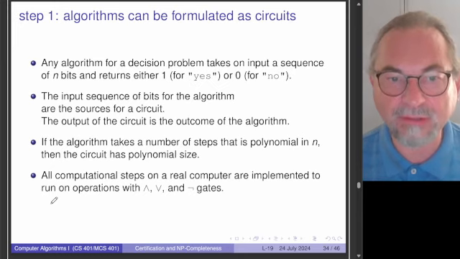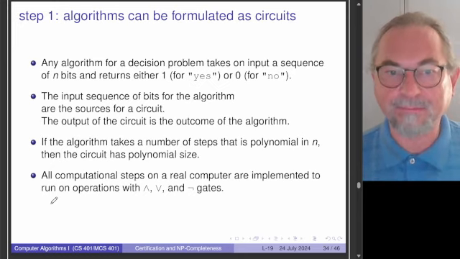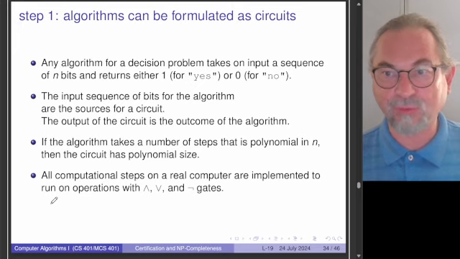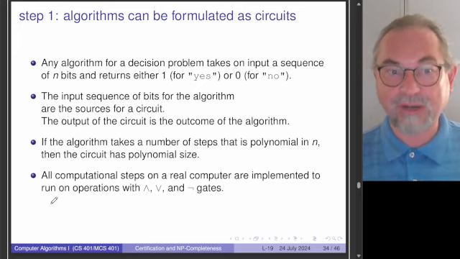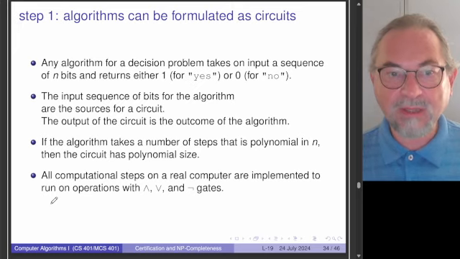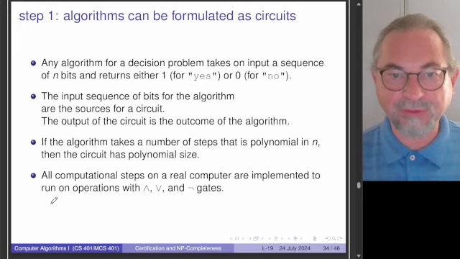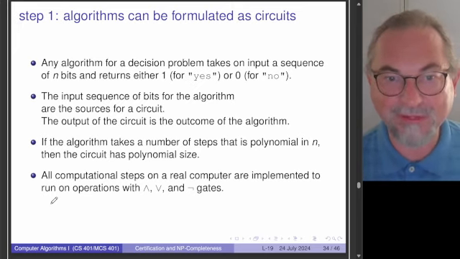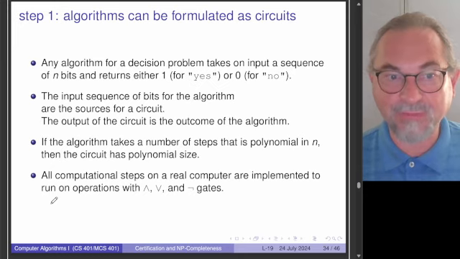If the algorithm that we have takes a polynomial number of steps, polynomial in the input size, then also our circuit will need to have polynomial size. And then all the computational steps on a real computer work on bits, so we're talking here about real computers, and the primitive operations are realized by logic gates, by the AND, the OR, and the NOT gates.